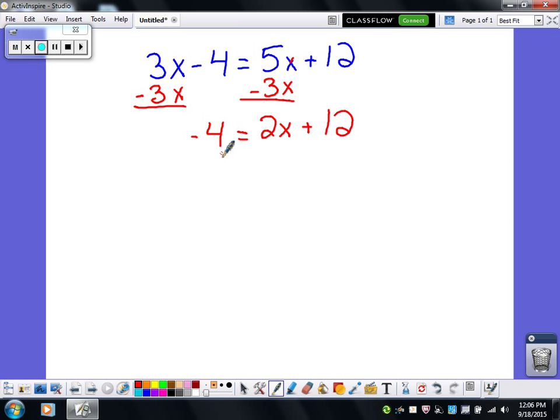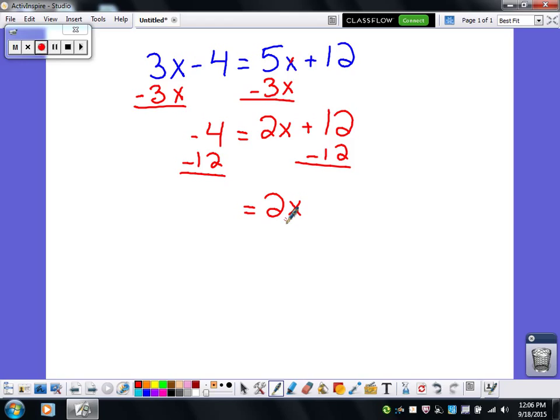And now, guys, we're in a situation that we are familiar with. What do I do next? Now I only have 2 things I got to get rid of. Going to go after the one that is not attached, right? I'm going to subtract 12. Subtract 12. Bring down 2x. What's negative 4 minus 12?